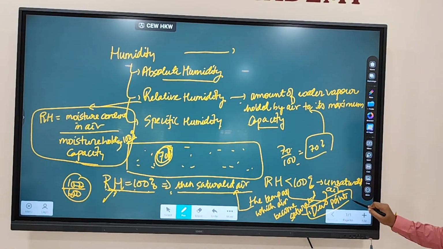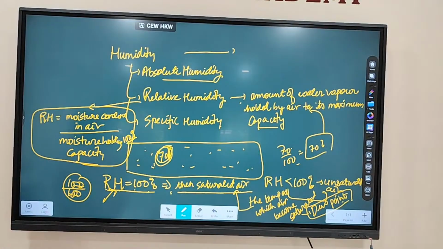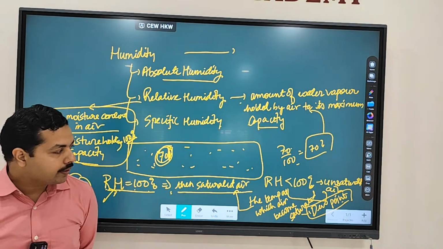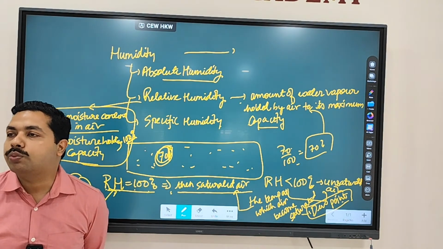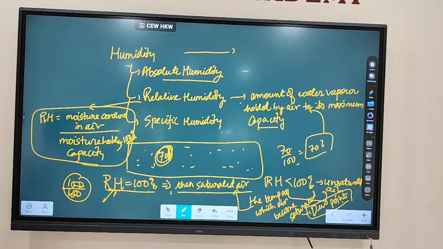So the temperature at which air becomes saturated is referred to as what? The dew point. Clear? So if a question comes, what is dew point? Dew point is the temperature at which air becomes saturated.